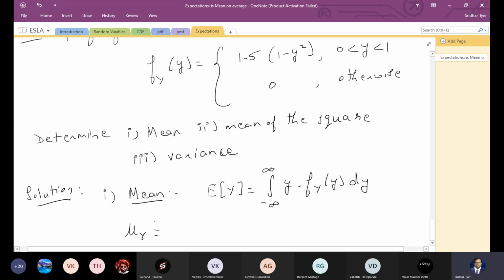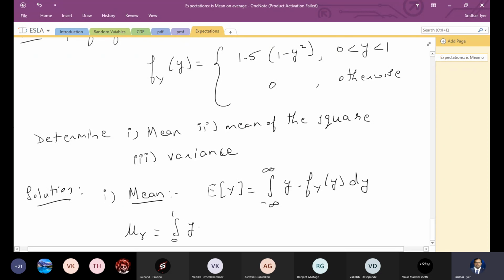You can see that the PDF lies between 0 and 1 because the value of y is only between 0 and 1. Only between those values the PDF exists. Therefore, the integral will have a limit of 0 to 1.